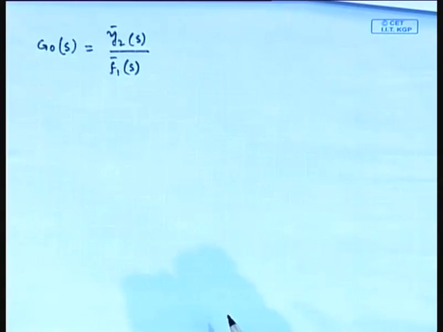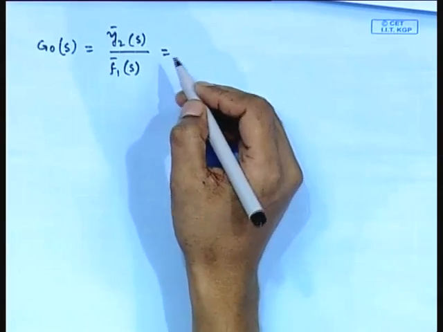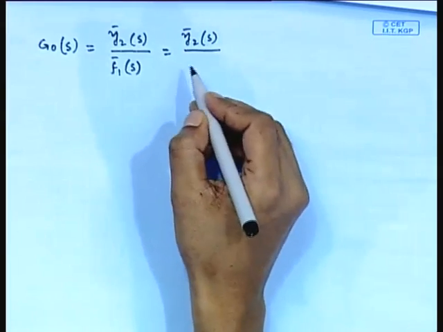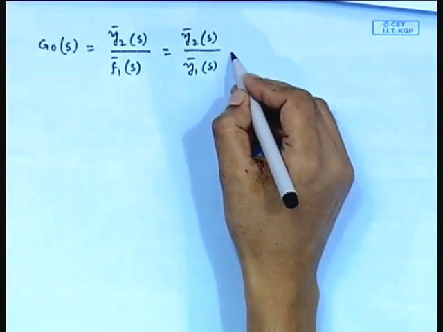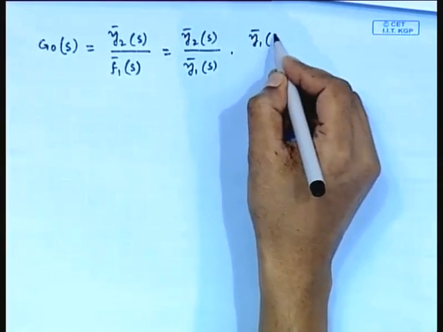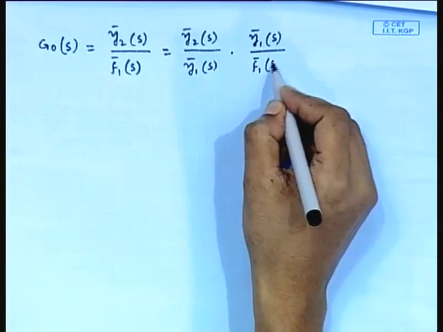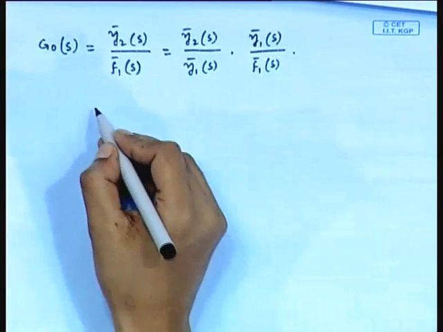For the overall system, y2 is the output and f1 is the input. So, we can write this as y2 bar(s) divided by y1 bar(s) multiplied by y1 bar(s) divided by f1 bar(s). Agree?